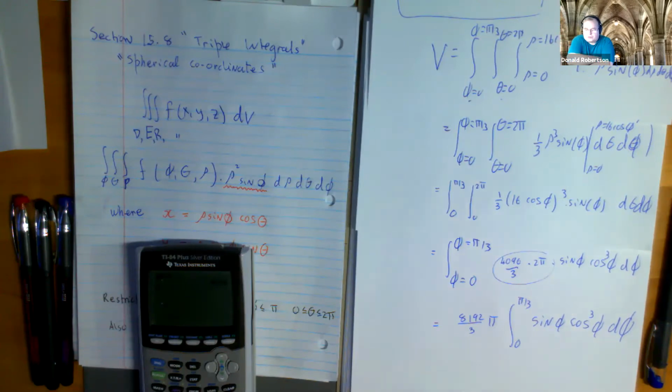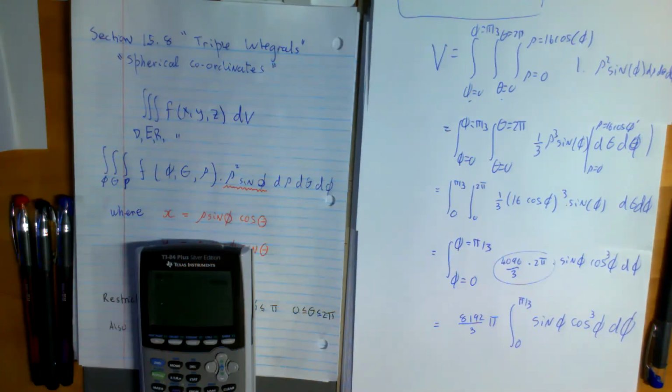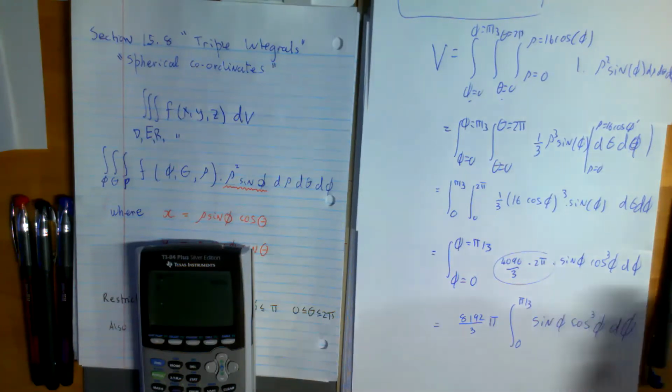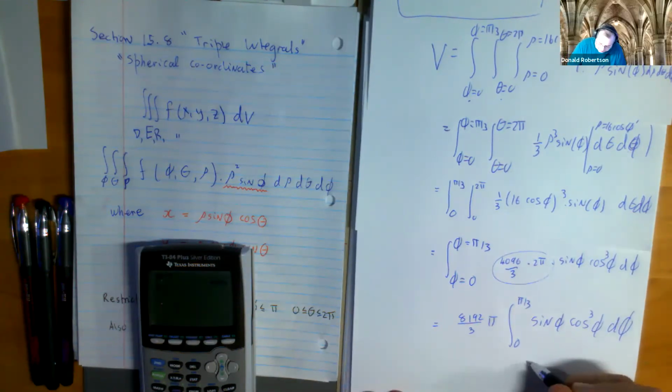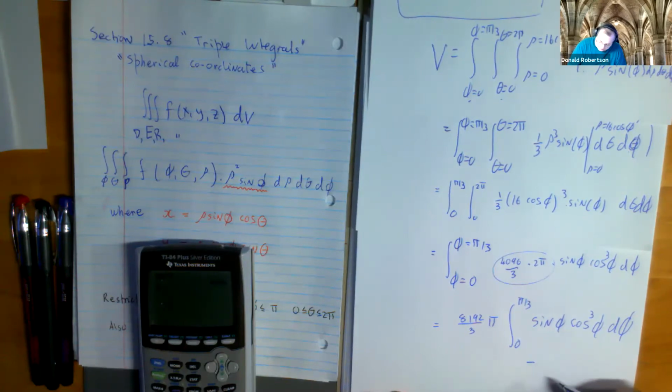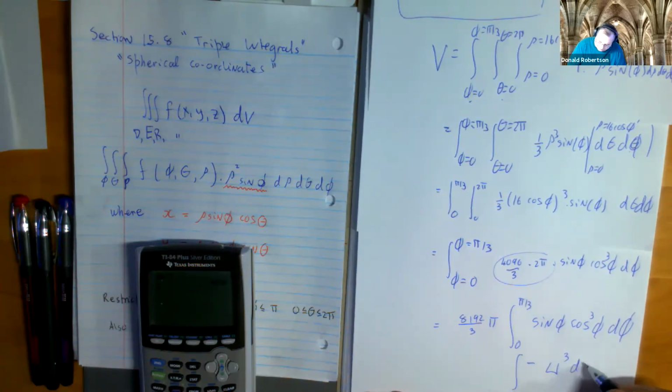Okay, Calc 2 question. How do you get the answer? How do you integrate this? U sub. Yep. Who's the U sub? Cosine. Right, so you do a cosine, you're going to get negative, what are you going to get? Negative u cubed du.